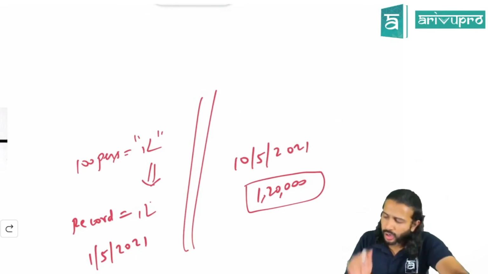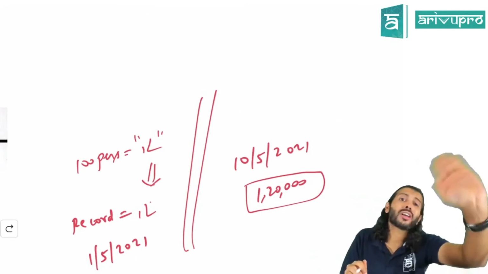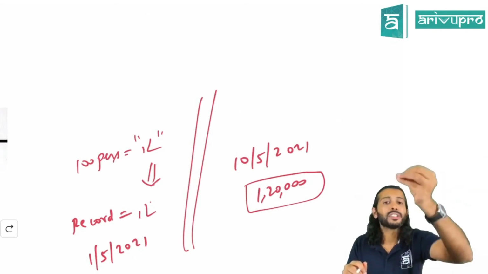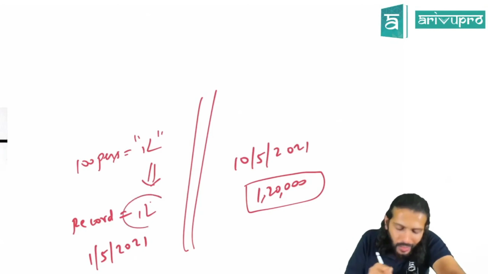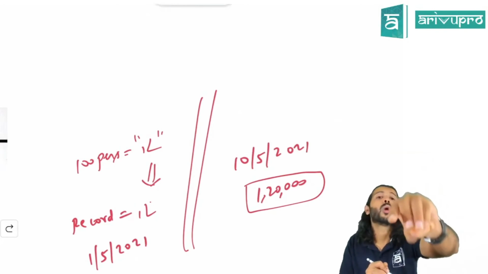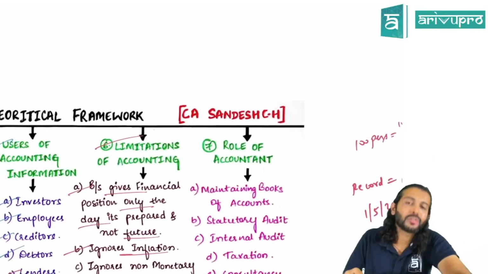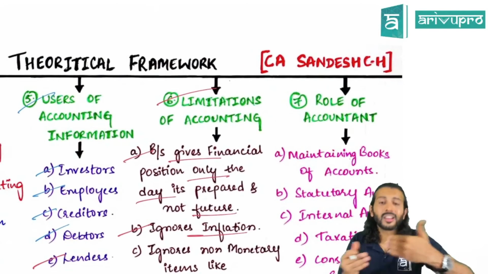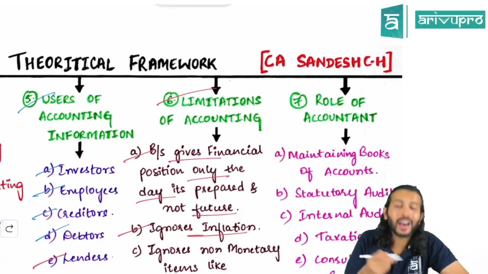No. So accounting information deals with historical cost, we say. Meaning how much did we pay to buy these goods? 1 lakh. So we will only record 1 lakh. That is one of the limitations of accounting. It is not day-to-day data. It is not realistic. It doesn't keep pace with market value.